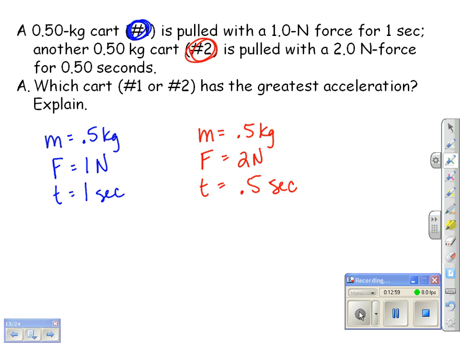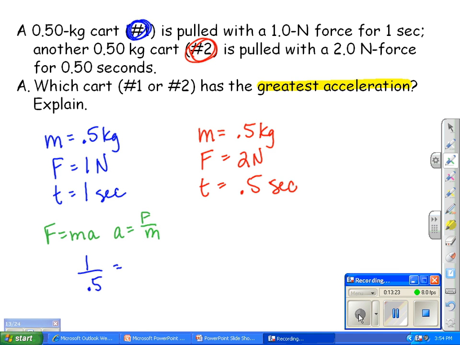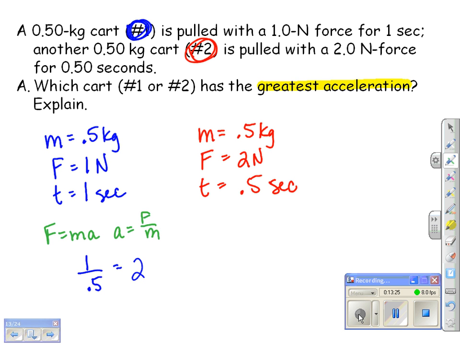Our first question would be, which one has the greatest acceleration? Well, to solve for acceleration, force equals mass times acceleration, or acceleration equals force divided by mass. So for our first cart, 1 divided by 0.5 equals 2 meters per second squared.